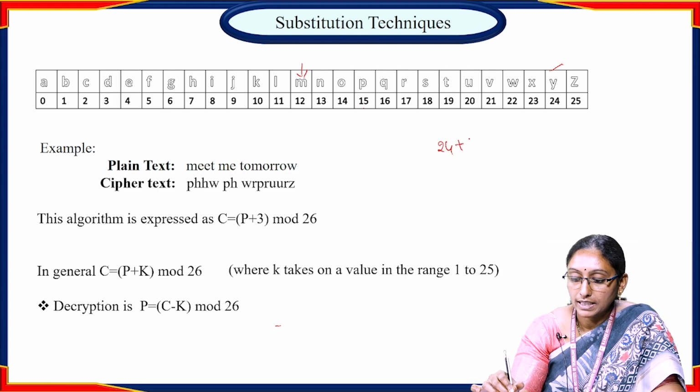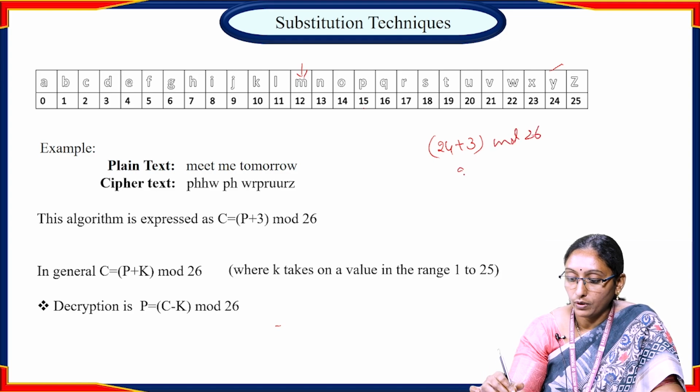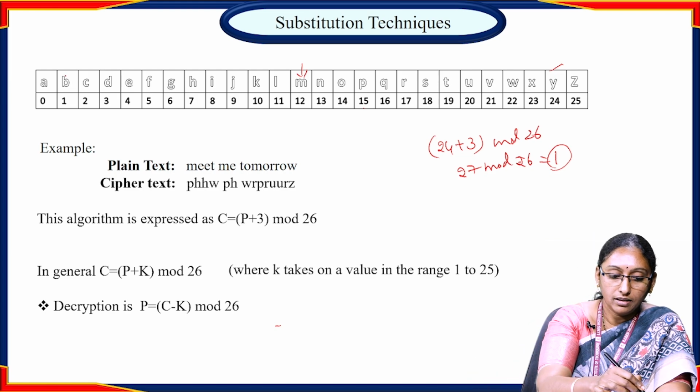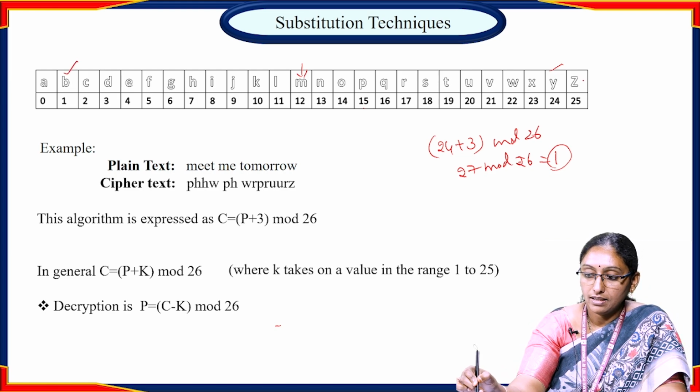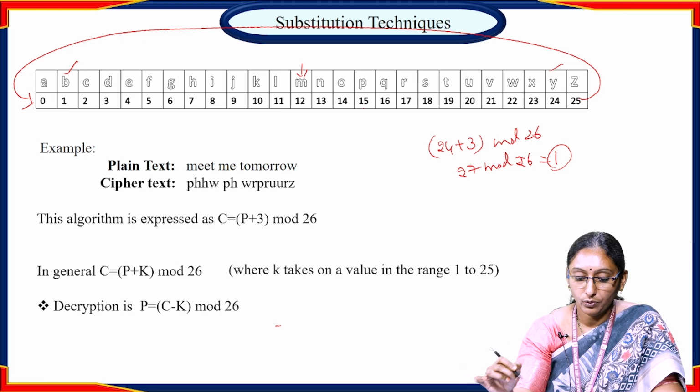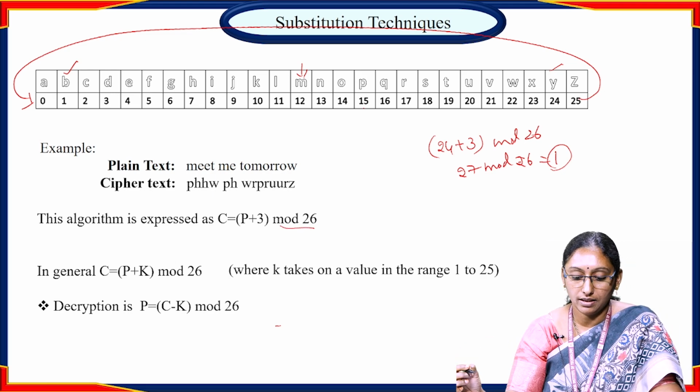So 24 plus key value 3 mod 26 is 27 mod 26, which equals 1. That means the number is equivalent to the letter B. So again it is repeating. So to get this, we are doing modular division with 26.